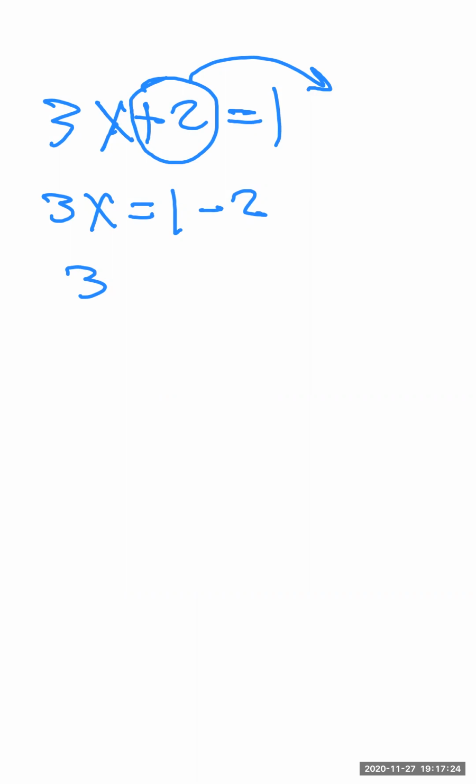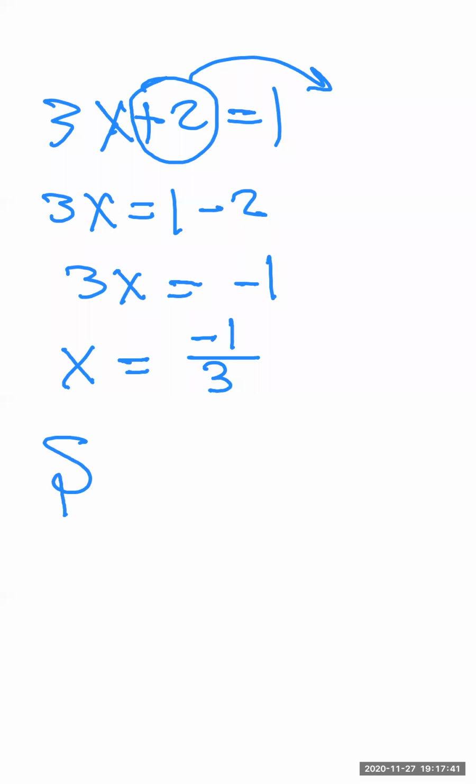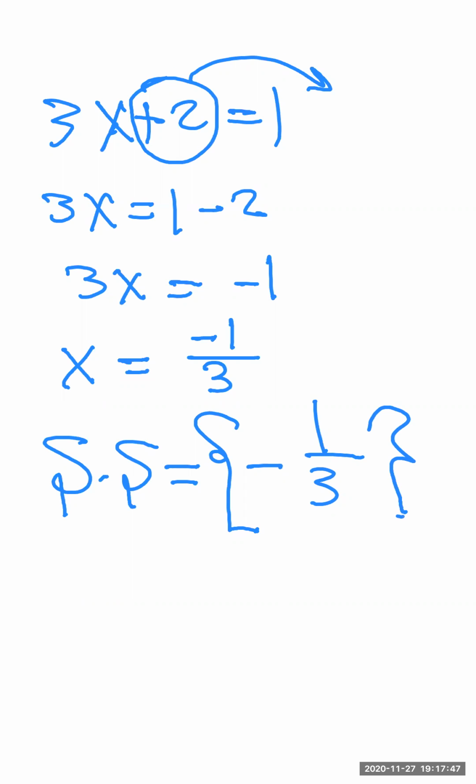So 3x will equal negative 1, so x will equal negative 1 over 3. In this case, I have to write down that the solution set equals the set of negative 1 over 3.